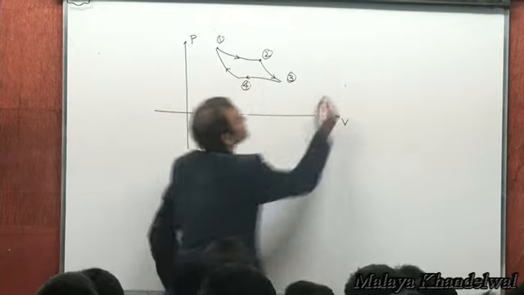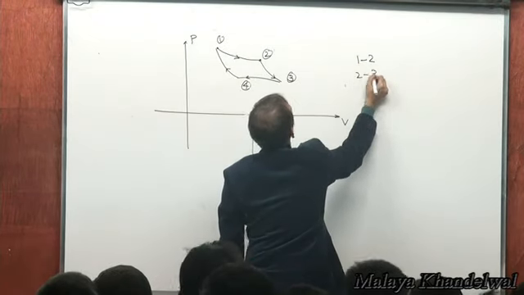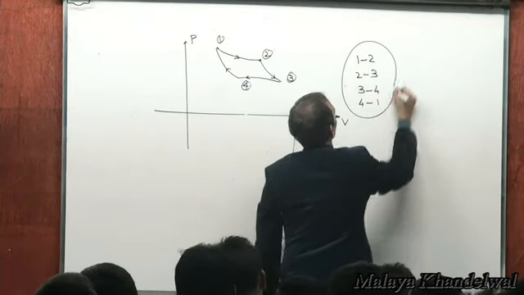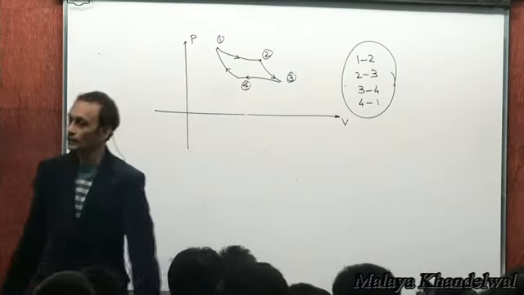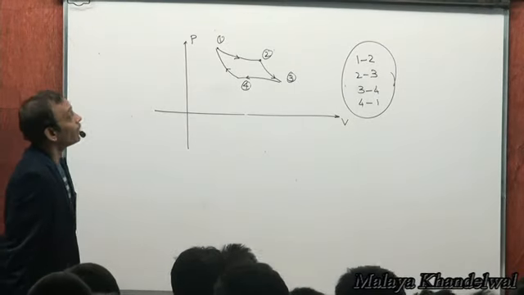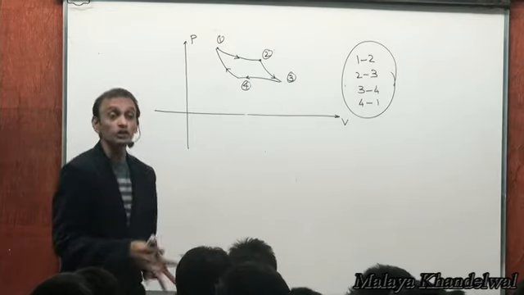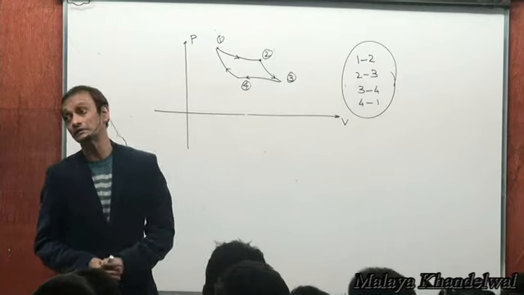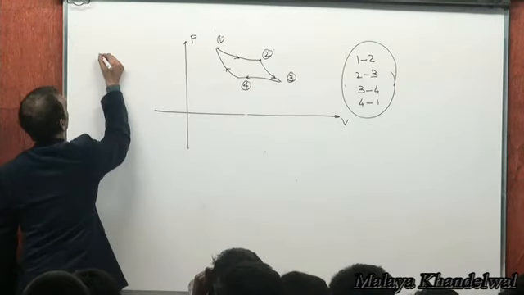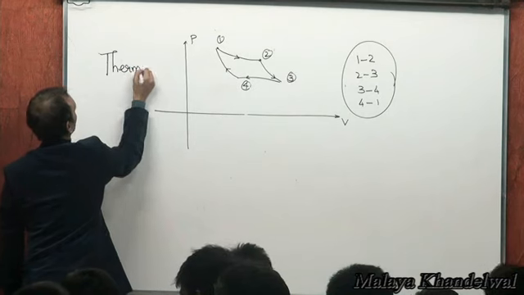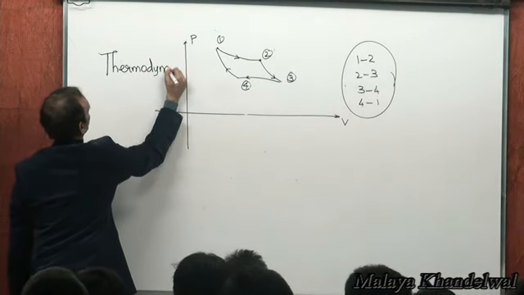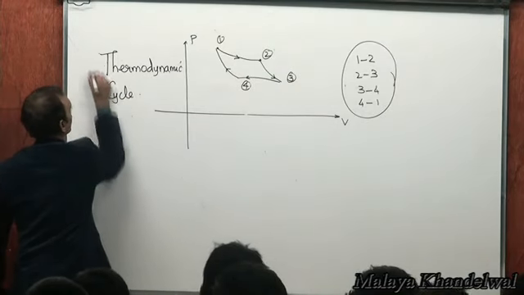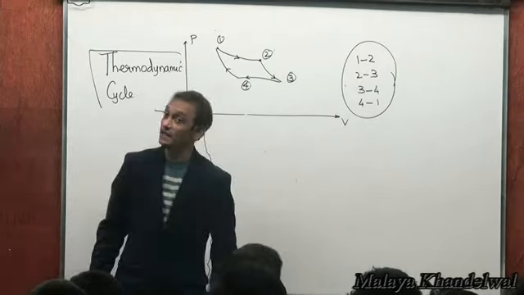The processes are 1-2, 2-3, 3-4, 4-1. Now, a collection of all these processes, bringing you back to the same state, is called a thermodynamic cycle. That's a thermodynamic cycle, right?